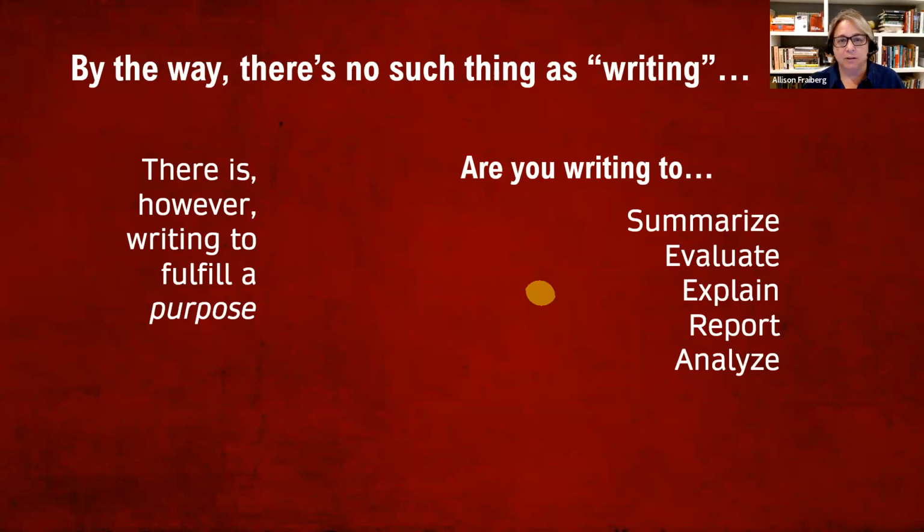Now, I'll give you an example of why we need to be really clear about the purpose before anything else happens. Let's say you're doing a writing project and you're summarizing something. But let's say your instructor or the person who's actually given you the writing task, could be a manager, could be an instructor, could be a professor, really has in their mind that they want you to evaluate. But you know what? They don't send us to assignment writing school.